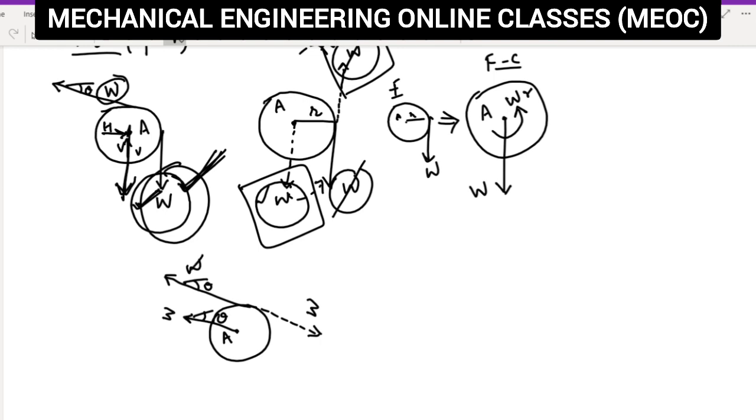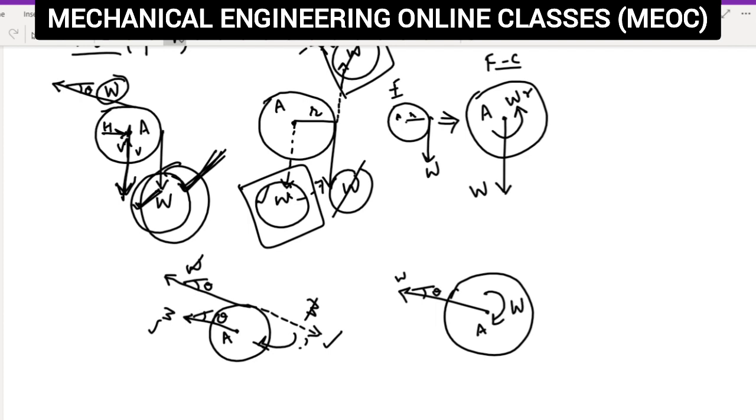Now this W and this W get cancelled, and because of this W and this W, there is a clockwise moment, a clockwise couple. So this is point A. W is here, which is at theta from horizontal, and there is also a couple equal to W into R.